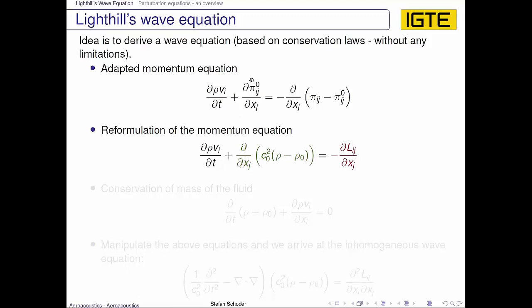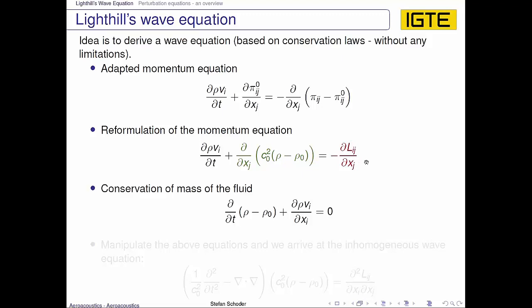So the term on the left hand side is reformulated according to this, that we insert the momentum flux term of the linear acoustic medium, and on the right hand side we then insert the definition of Lighthill's stress tensor.